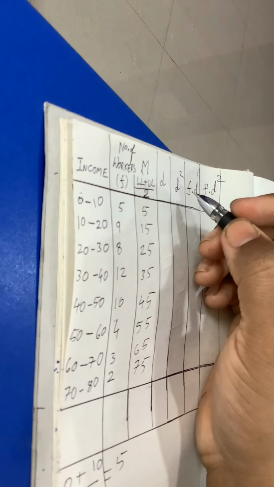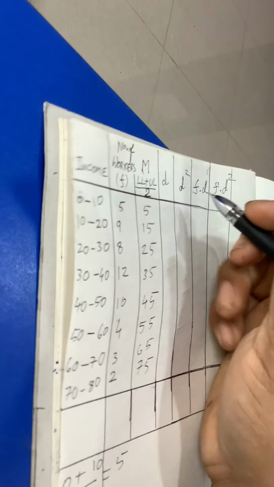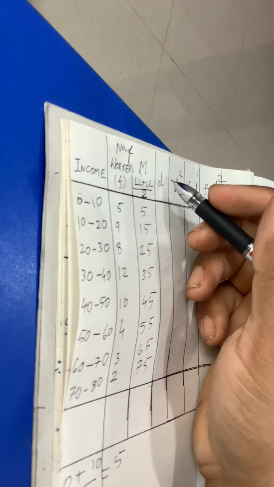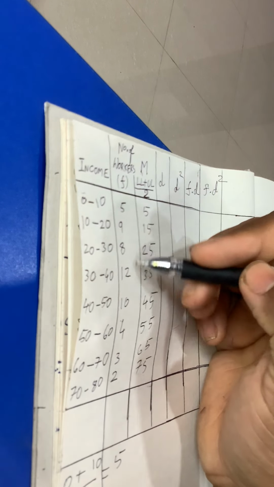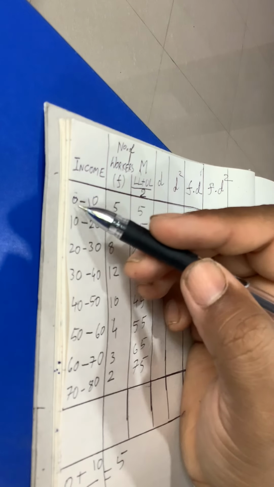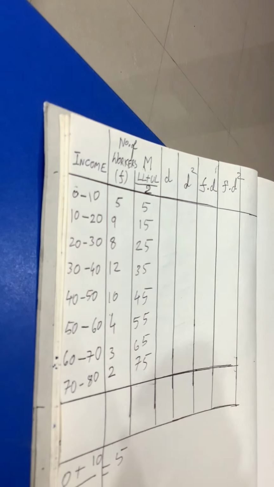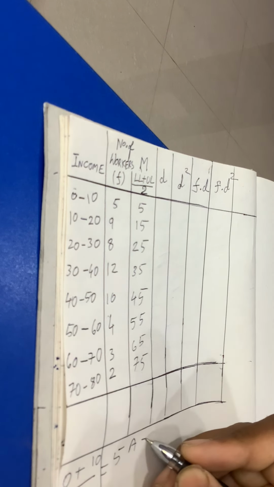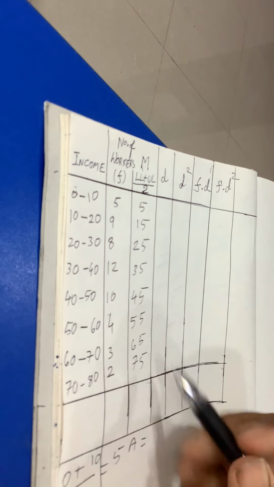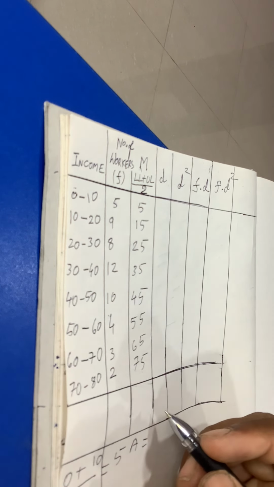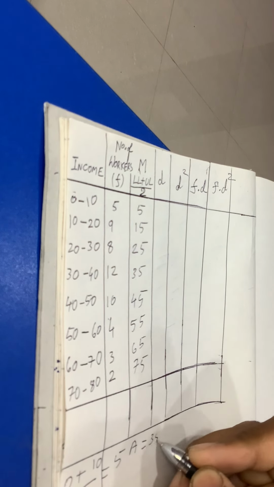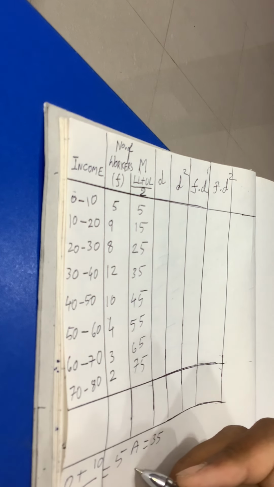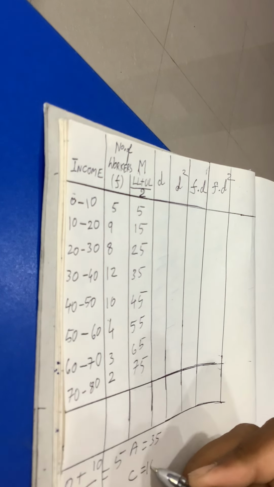Alright. Now once we have found the midpoints, we need to calculate the deviation. For that, we need to assume one of these midpoints as our mean and take the class interval as our C. So let us assume for now that the assumed mean is 35 for our convenience, and C is equal to 10.